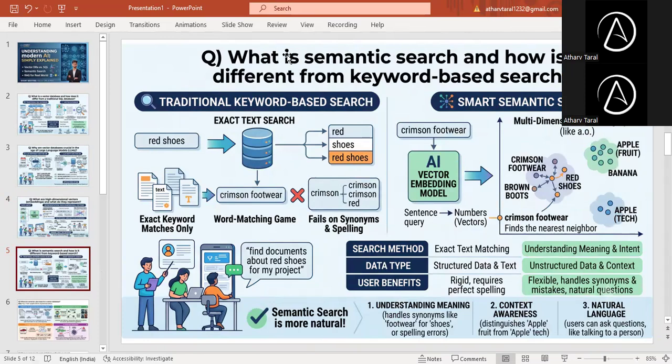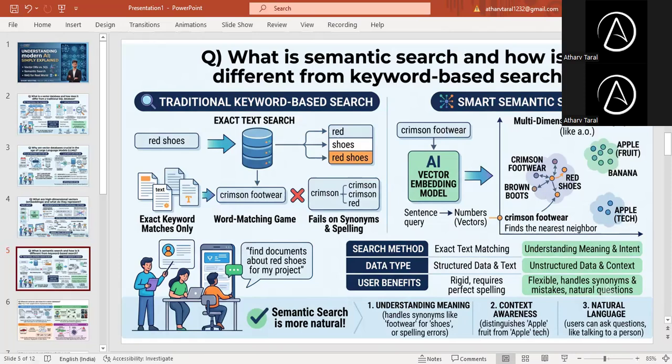What is semantic search and how is it different from keyword-based search? That is a very common question, and actually the best way to understand it is by looking at how we search for things in real life. Keyword-based search is the traditional way. It works by looking for exact matches.